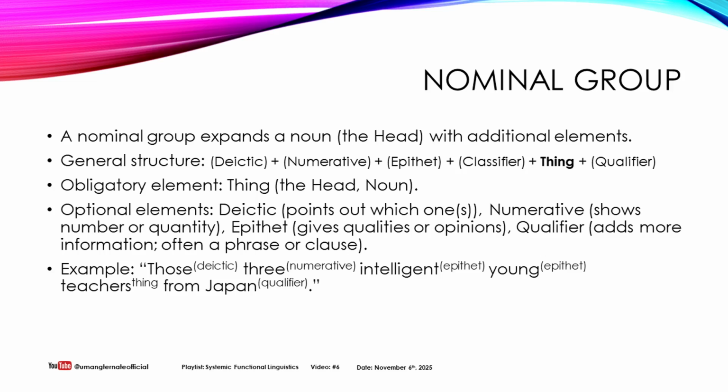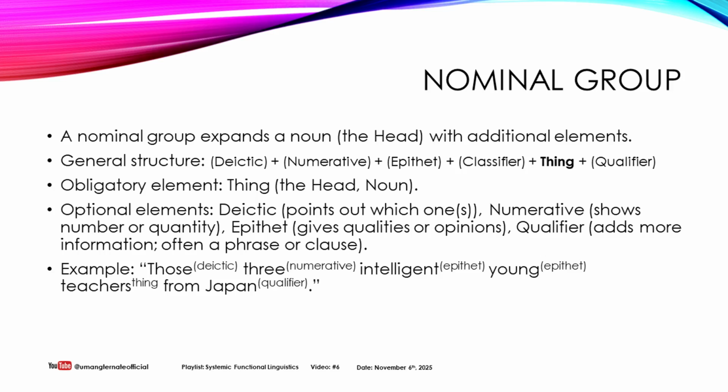Pronouns like my and your are also deictic. This element must come first before the thing. Then, after the deictic, we can add numerative. I think the right term is numerator, which mentions the number or quantity of the thing. Then the numerator is followed by the epithet, which gives quality or opinions about the thing.